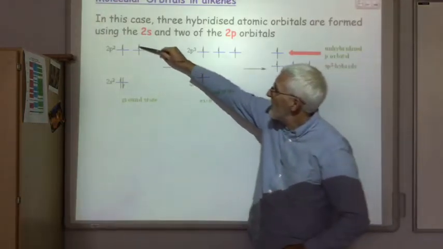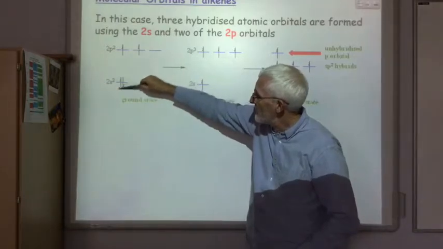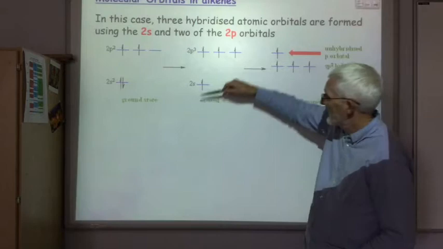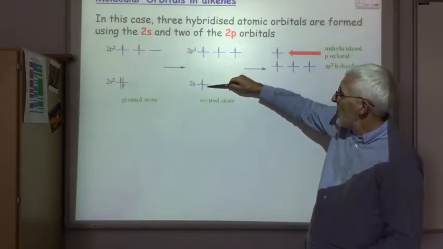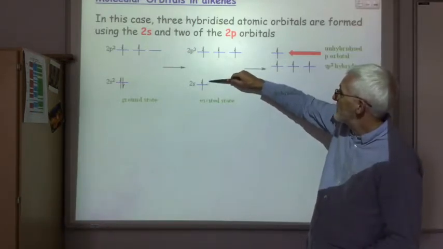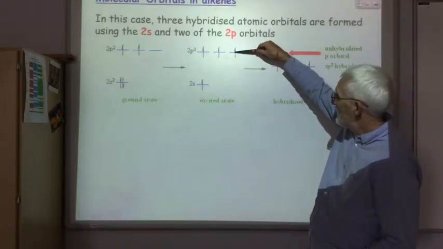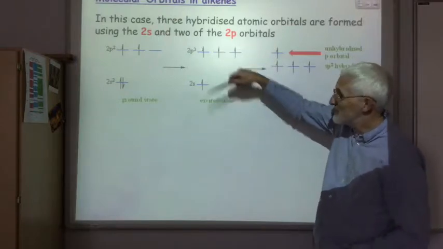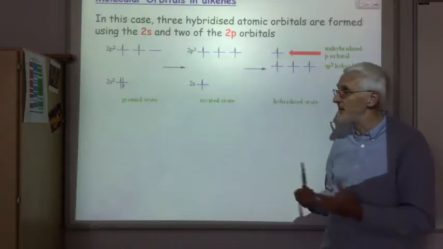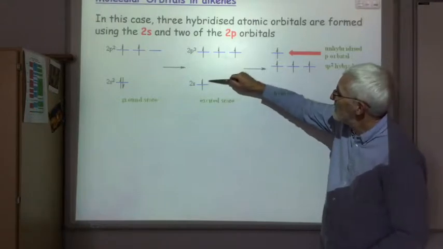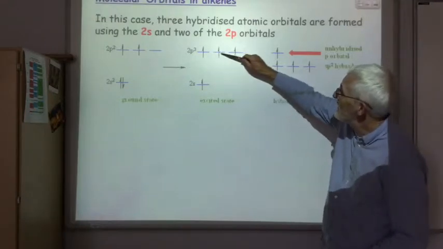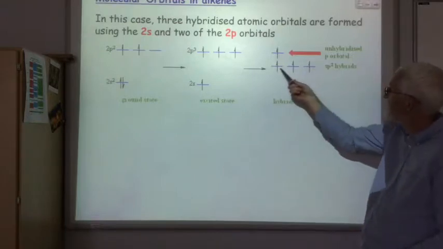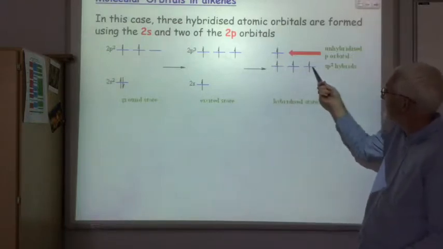So here's our carbon atom in the ground state, 2 electrons in the 2s orbital, 2 electrons in the 2p orbital. As I said previously, the electron from the 2s orbital gets excited into the 2p orbital, and then instead of all 4 of those orbitals mixing together to give 4 sp3 orbitals, that s orbital mixes with just 2 of these p orbitals, forming these 3 sp2 hybrids.